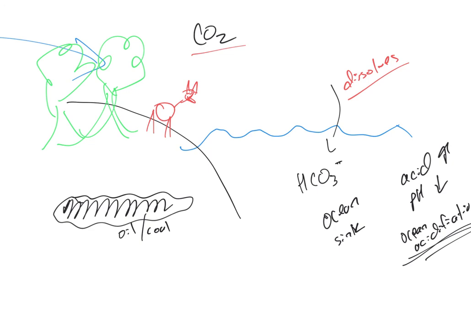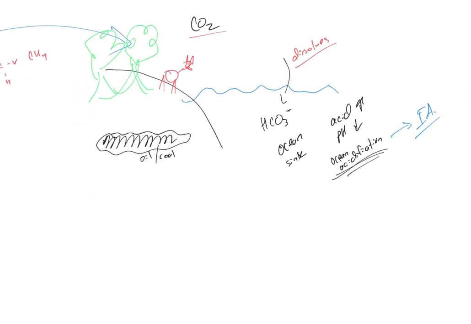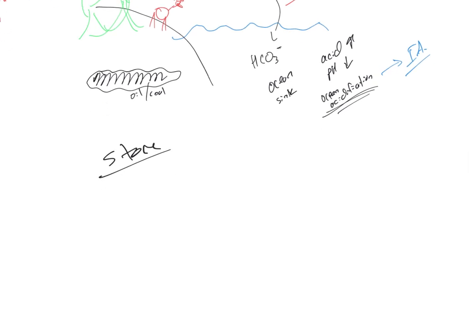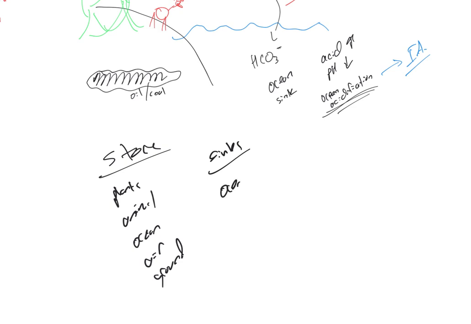If I break it down by where we store carbon, carbon is stored in plants, animals, ocean, air, ground, right? The major sinks are where it's going into, so the major sinks are the ocean and forest.